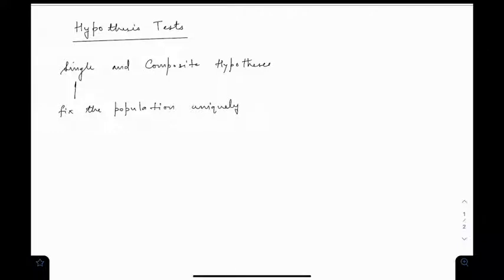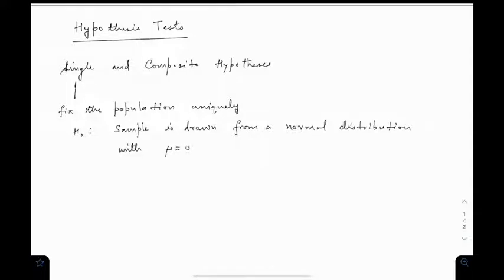So if we have a hypothesis denoted by H0, and the sample is drawn, so basically the hypothesis states that the sample is drawn from a normal distribution with zero mean and unit standard deviation.